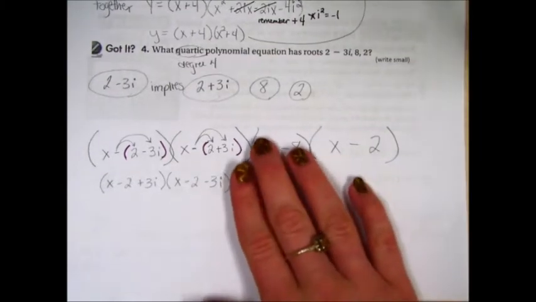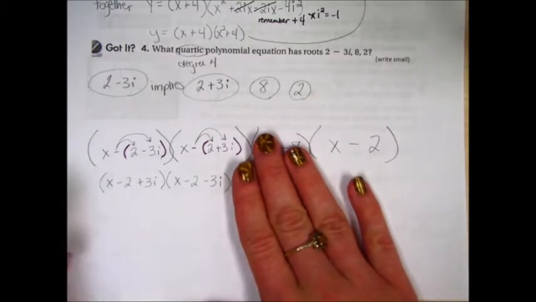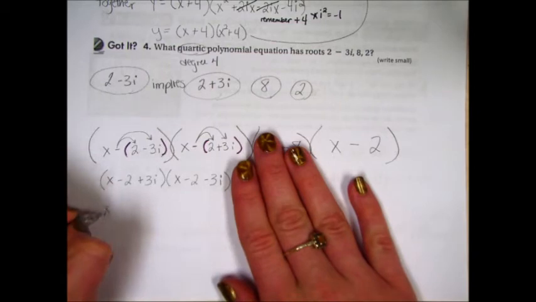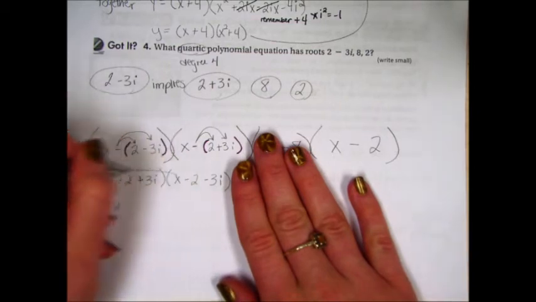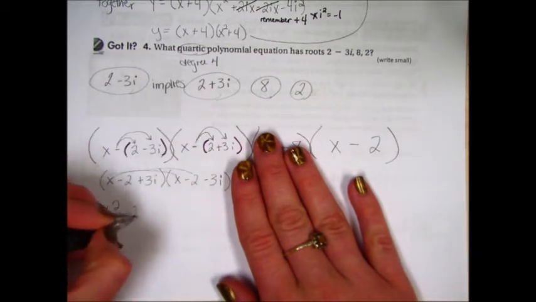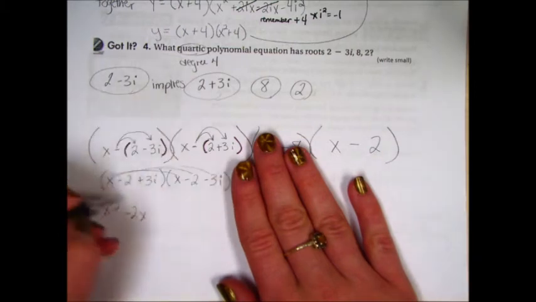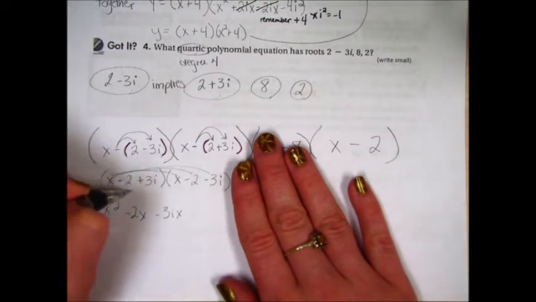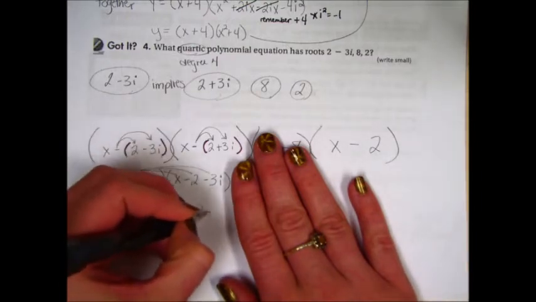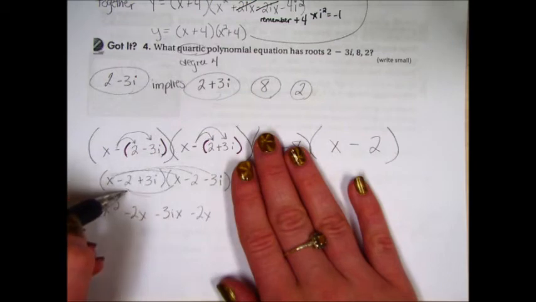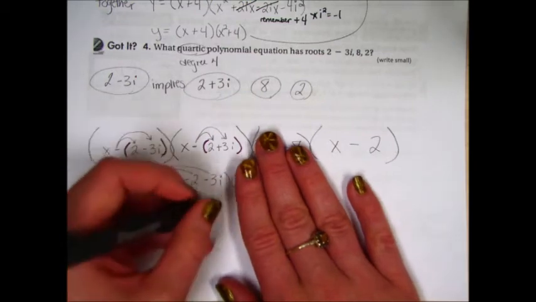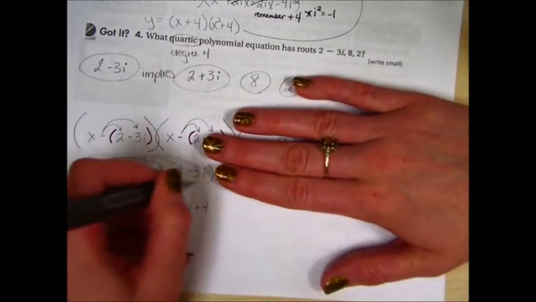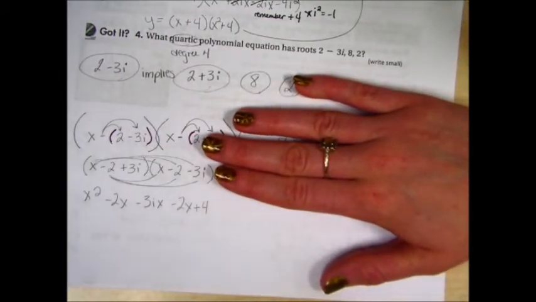So I'm going to start with the harder two, and I'm going to multiply the trinomials together. So x times x is x squared. X times negative 2 is minus 2x. Minus 3ix, minus 2x, plus 4, plus 6i.